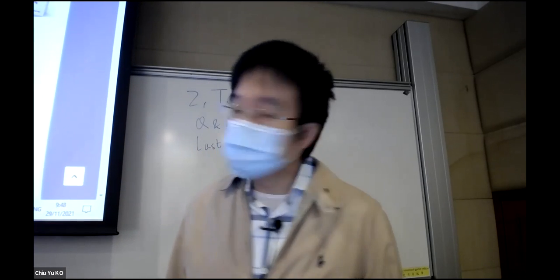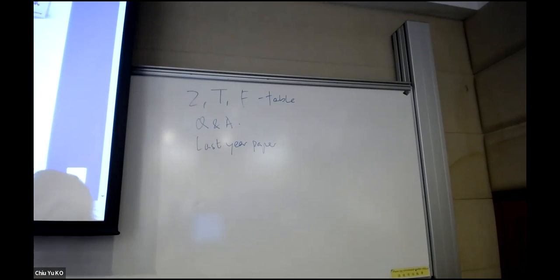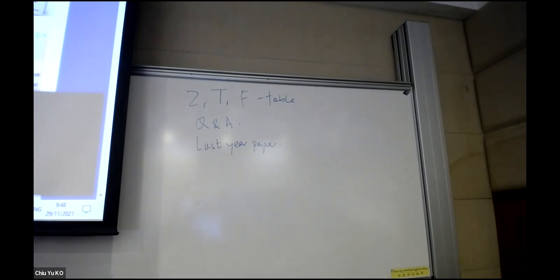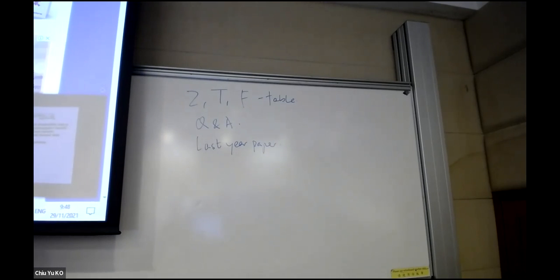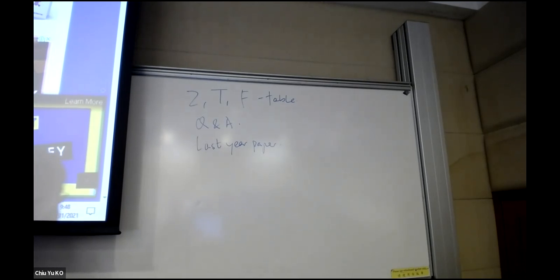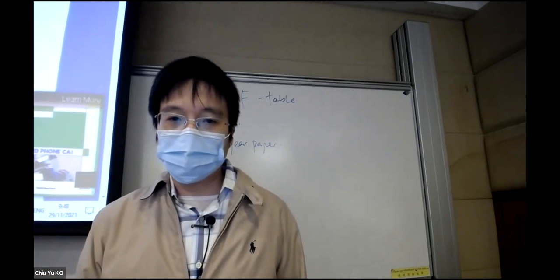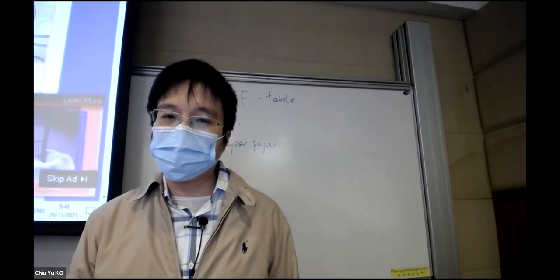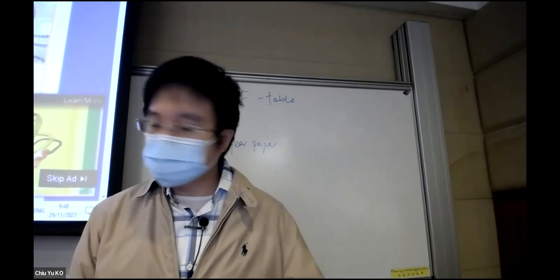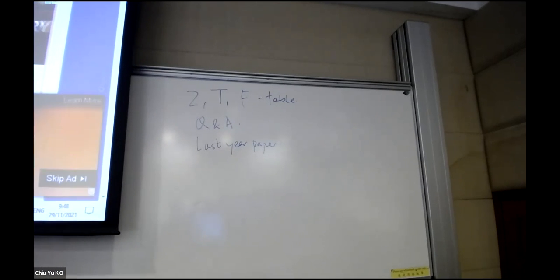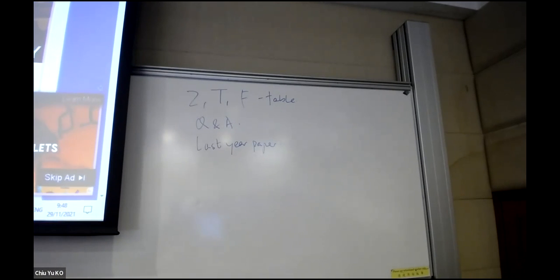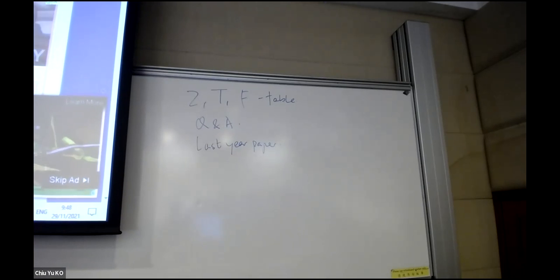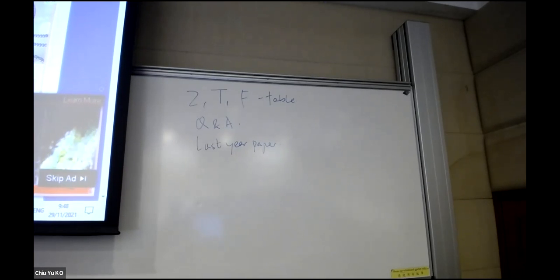So you can see the F table is rather complicated. I just randomly picked a web page. First, you have to tell me the alpha, because for the F table you have three things: F, N1, N2, and alpha.